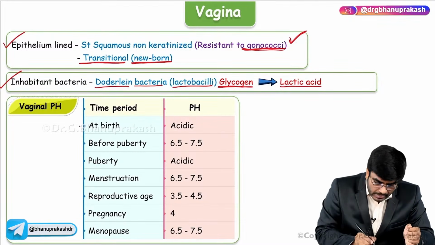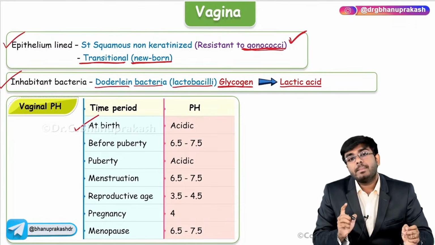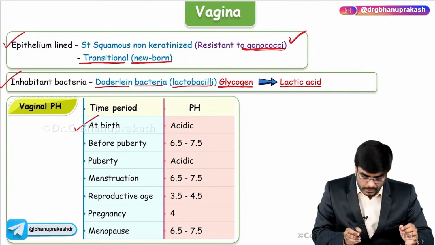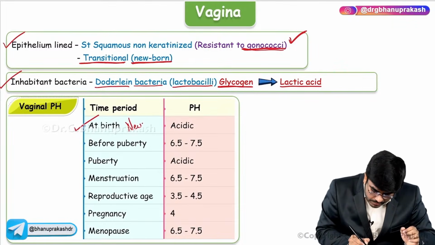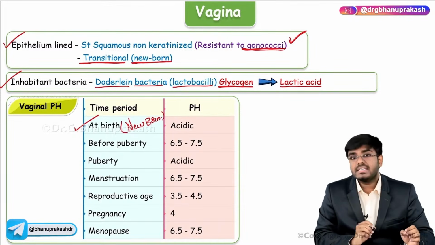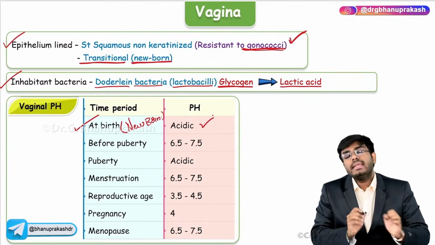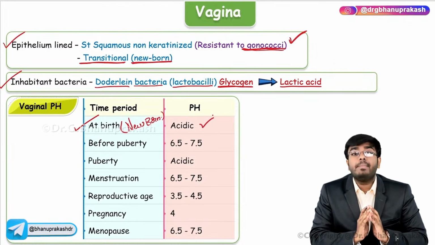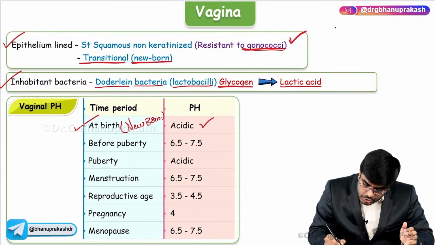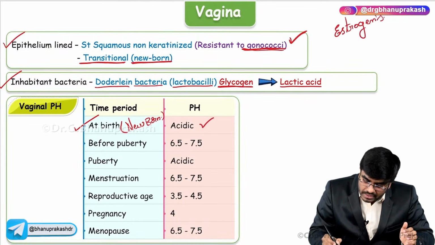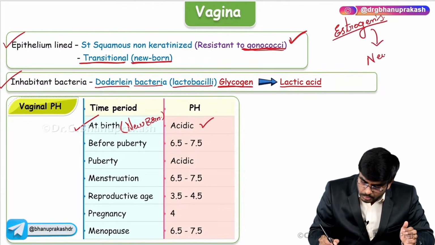Guys, let's talk about the birth. At birth, in a newborn female, the vaginal pH is acidic. Why is it acidic? It is acidic because the estrogens from the mother are going to enter into the newborn.